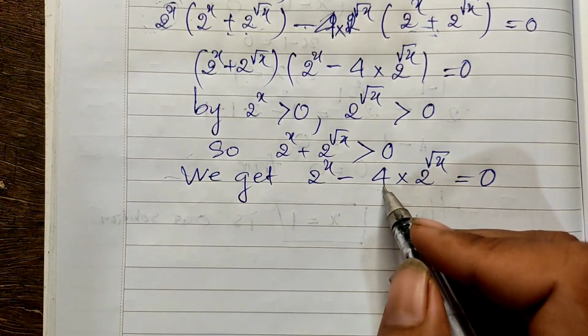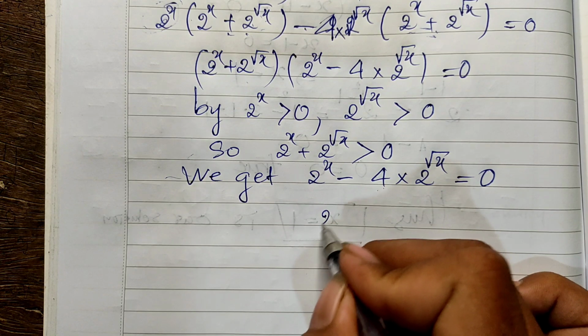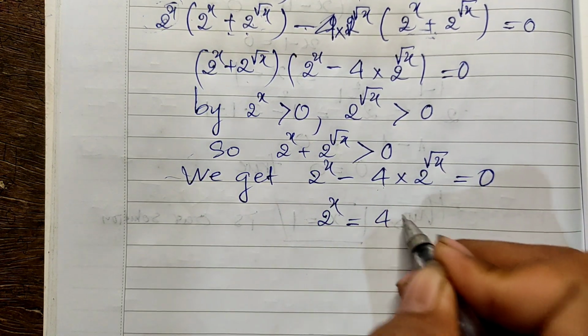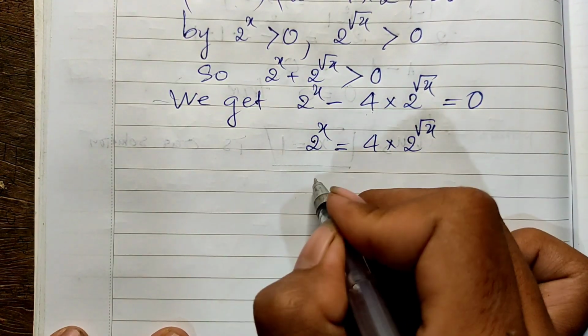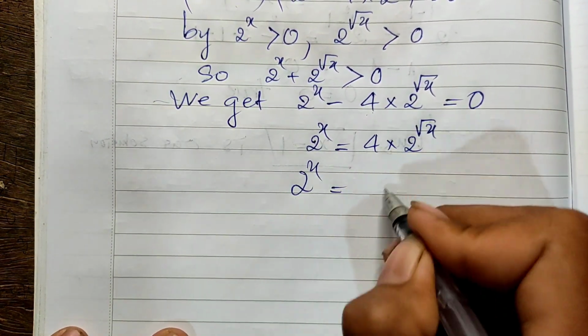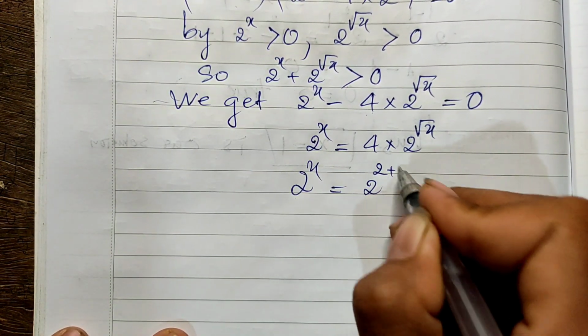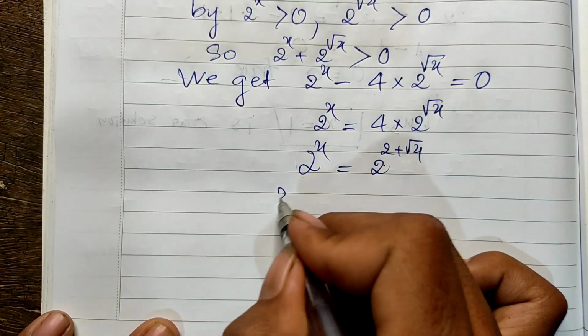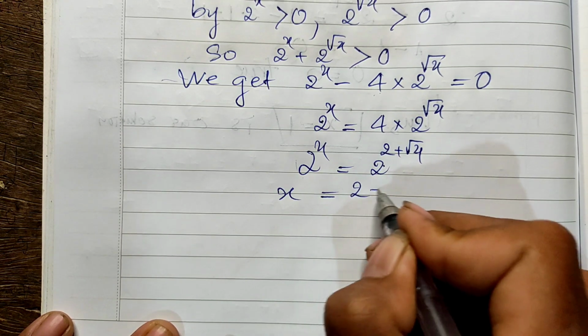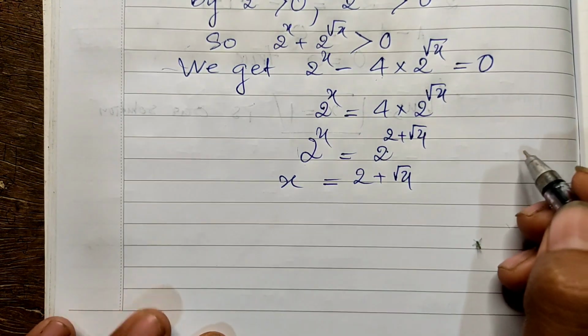I can write 2 power x is equal to 4 times 2 power square root of x. And now I get 2 power x is equal to 2 power 2 plus square root of x. So it's the same base of 2. So I get x is equal to 2 plus square root of x.